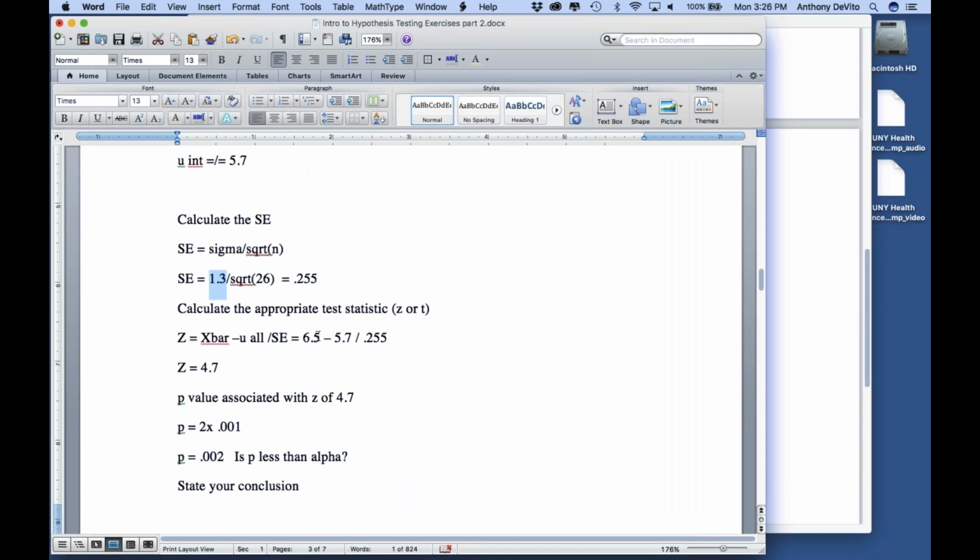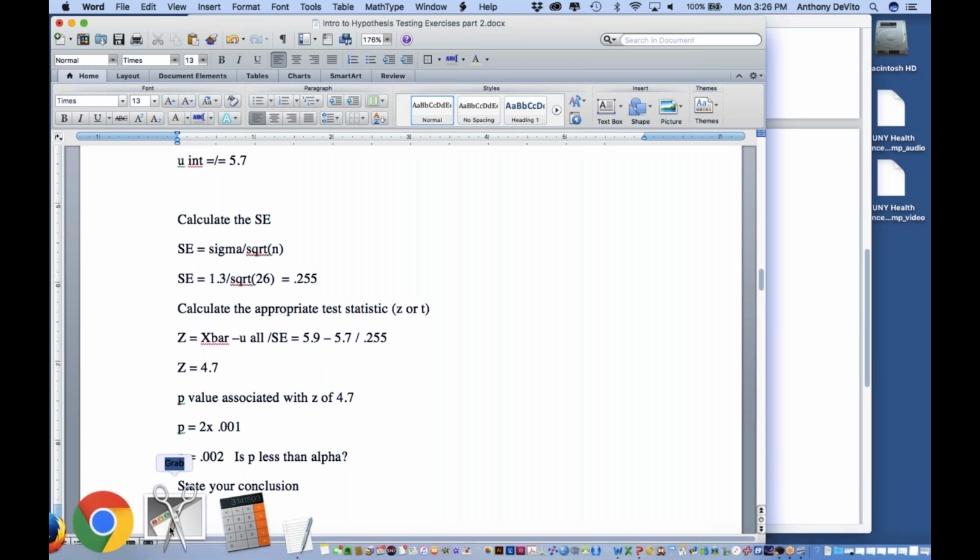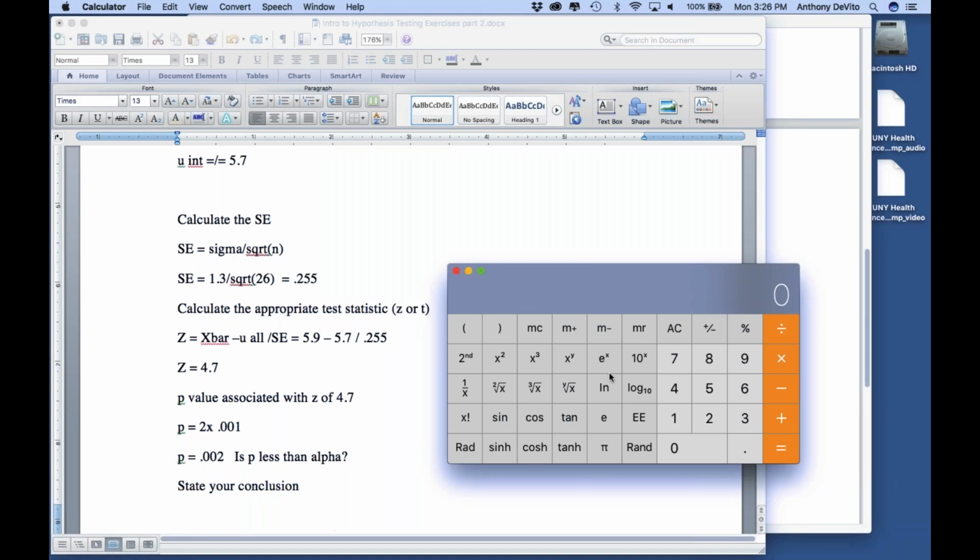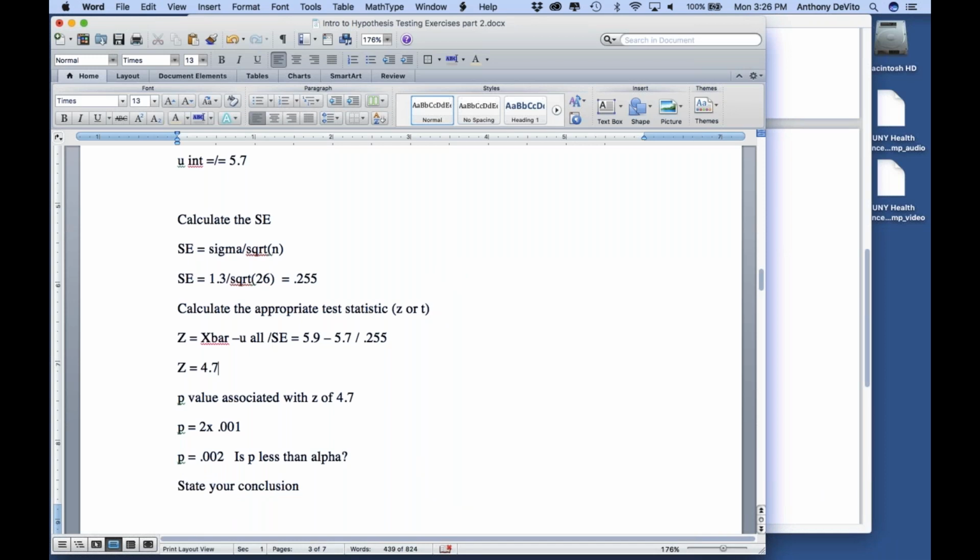X bar now, instead of being 6.5, is 5.9. 5.9 minus 5.7 is 0.2, divided by 0.255 is 0.78. So my Z value now is 0.78. Okay, what is the p-value associated with a Z-score of 0.78?